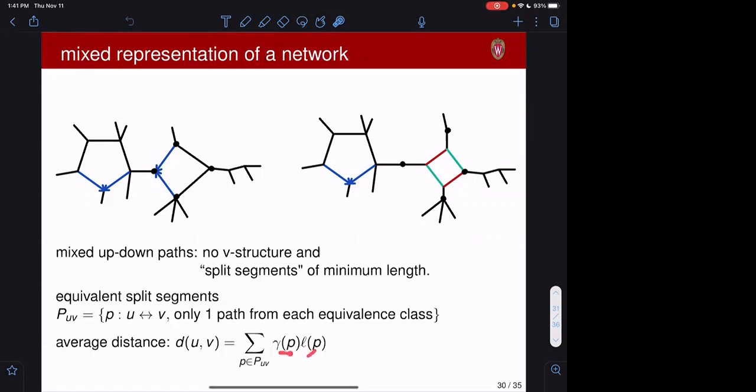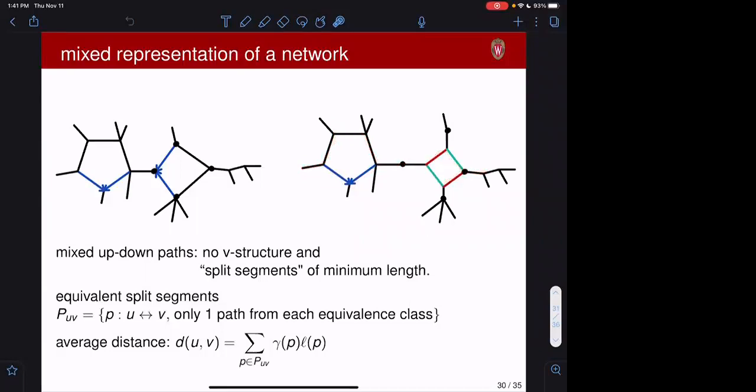We are going to take a weighted average of all the paths that go between 2 tips. But now the paths are mixed up-down paths, and we're asking that they don't have any V structure, and any split segment needs to be of minimum length. So if I go from here to there, I cannot go here, it's a V structure, so I have to go that way, and then either this or this.